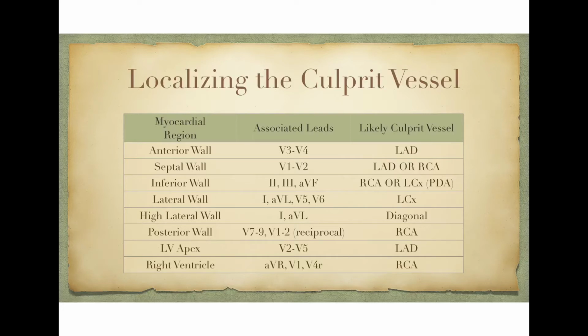So the anterior wall is associated with changes in leads V3 and V4, that's supplied by the LAD, whereas the inferior wall, which is associated with the leads 2, 3, and aVF, can either be supplied by the right coronary artery or the circumflex, depending on which vessel is dominant, whether it's a right or left dominant circulation. So it's important to keep this table in mind.